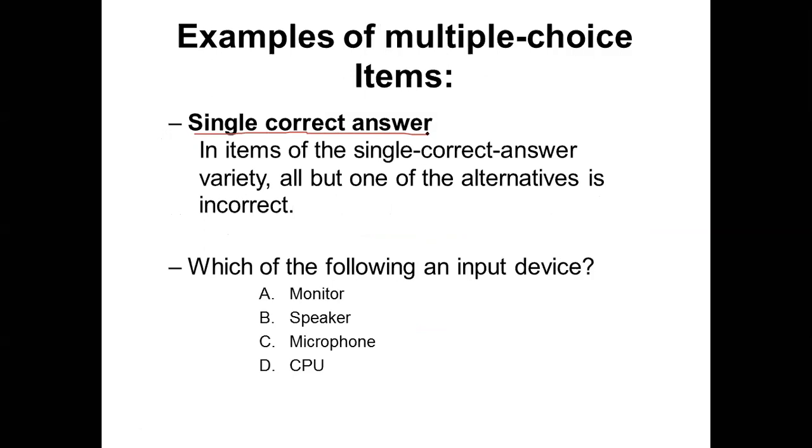So from a set of answers, you would be provided which one would be the best answer. For instance, which of the following is an input device? I'm sorry, I forgot to put "is" there. So the question would be which one of the following would be an input device?